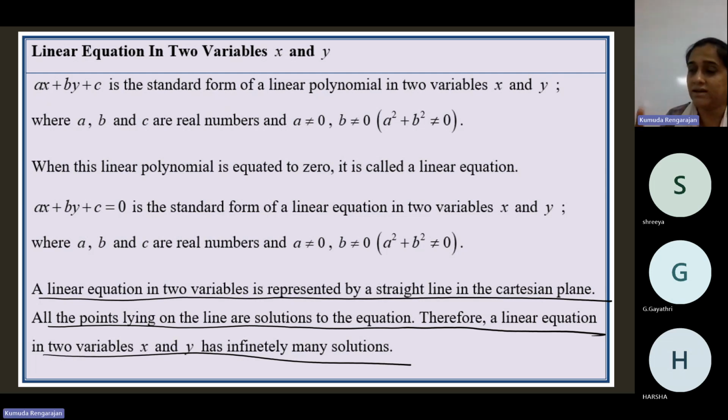Both are linear, that is, the highest power of the variable is 1. Linear equation in one variable x has only one solution. Linear equation in two variables x and y has infinitely many solutions, because it's a straight line in the Cartesian plane and there are many points on the line.